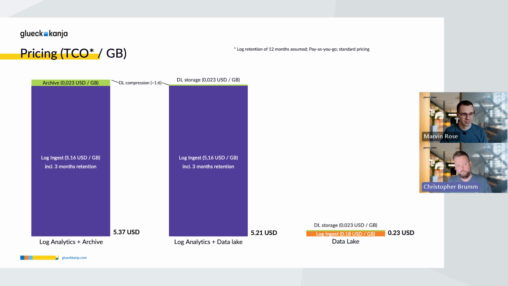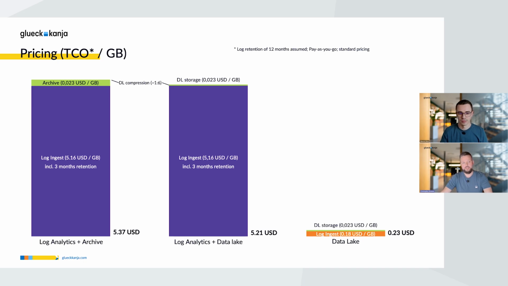So we've brought an example with us, and this example is for ingestion of a gigabyte with a retention of a year. On the left, the left bar is what you have without an activated data lake. So you pay for the ingest of the gigabyte, the list price of a little over $5, and you get the first 3 months of retention with it.